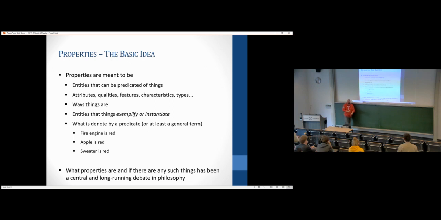His epistemology, his theory of justice, his theory of society is in fact driven by his views about the nature of properties. Which is kind of crazy, but it is what it is. So these are what properties are meant to be. And what we're going to try and think about is again, these kind of questions. What they might be metaphysically, let's cash them out in some more substantive terms, and whether we really should believe that there are any such things. Because this is a pretty damn big laundry list of jobs.